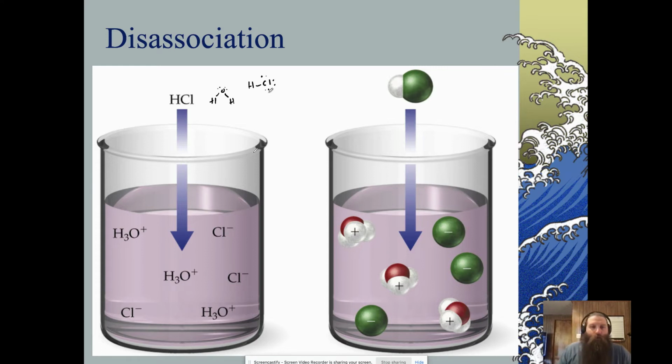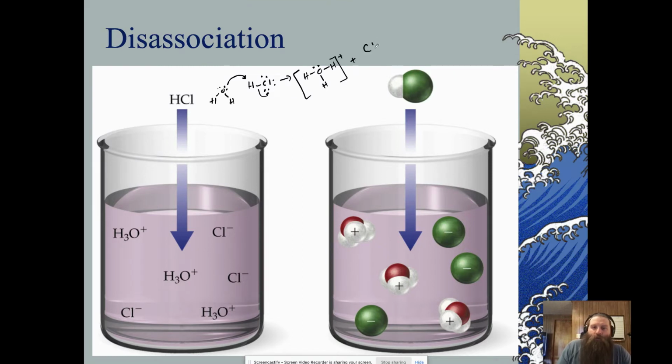So the lone pairs on this water are going to attack the hydrogen on that HCl. And that means this bond is going to be broken, and those two electrons are going to be deposited on the chlorine atom. And so what I'm going to be left with is this. The water is going to become hydronium, which is H3O plus 1.